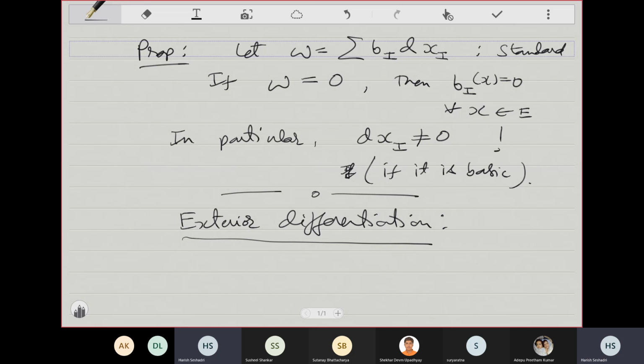But this form of multiplication and this exterior differentiation are genuinely new, especially the differentiation part.